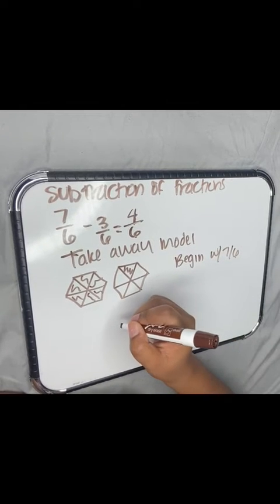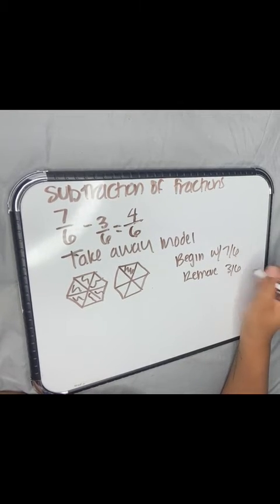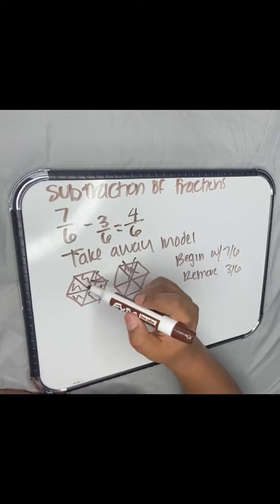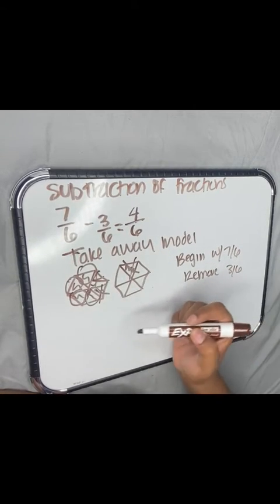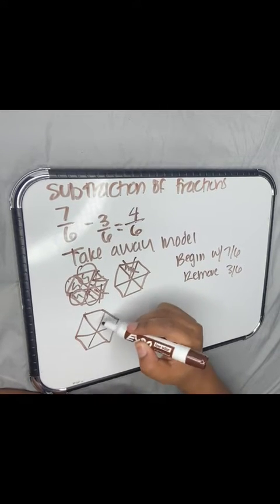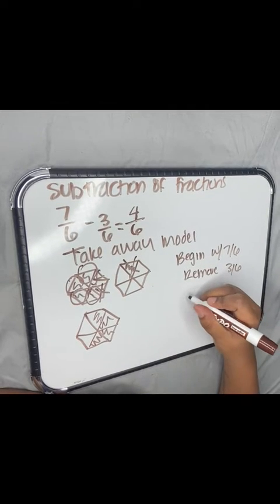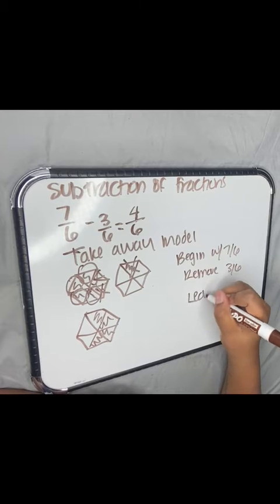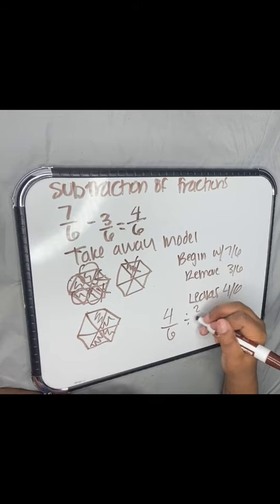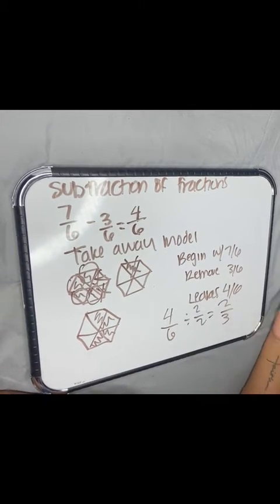And then we will remove away 3/6 of that 7/6 since we're subtracting. So 1, 2, 3, which leaves us 4/6. So shaded in, all we have left is 4 of the 6. So that will be our answer. And if we have to simplify that, you would divide 2 over 2 and get 2/3 as your answer, because that is the greatest common factor between the two.